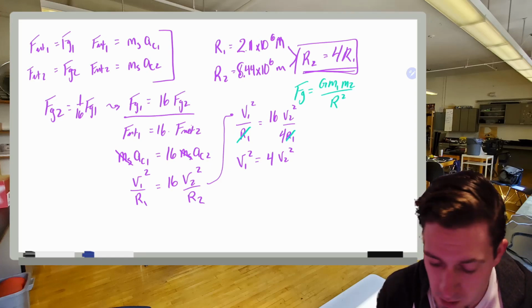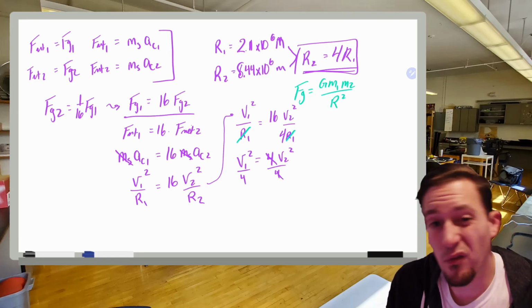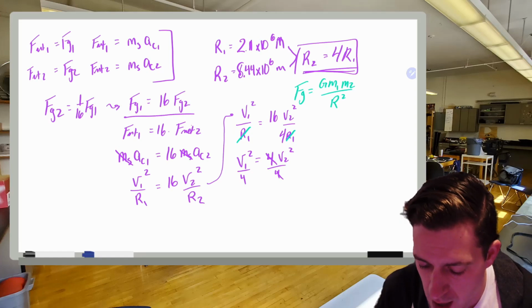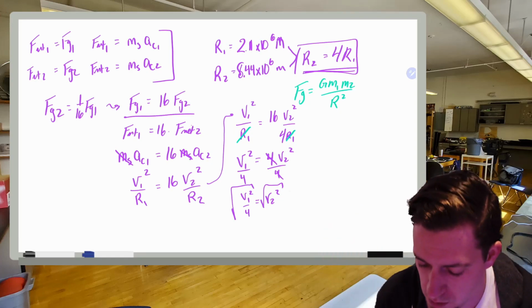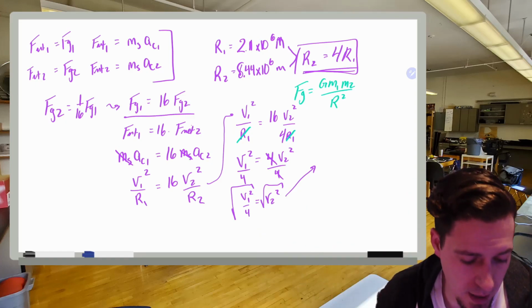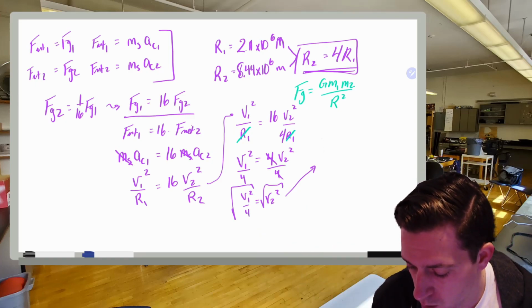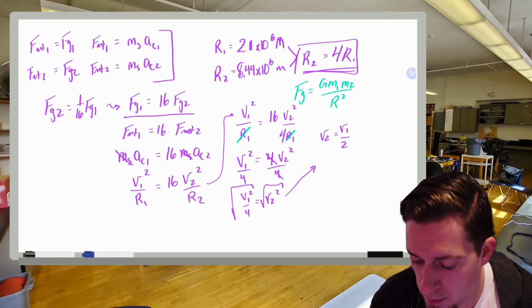So what I would do here is divide both sides by 4. You could write this as 1/4 or however you want, but I have that V1 squared over 4 is equal to V2 squared. This is where I would have to square root both sides, making sure to put the little hook on the square root. So now I'm going to get V1, and 1/4 under the square root ends up being 1/2. So V2 is just V1 divided by 2.